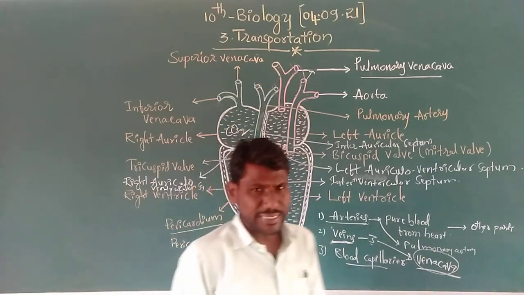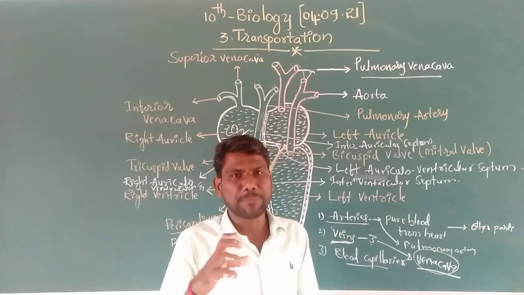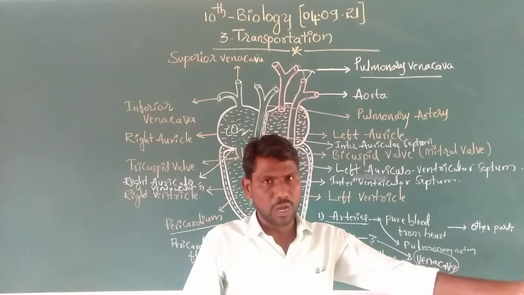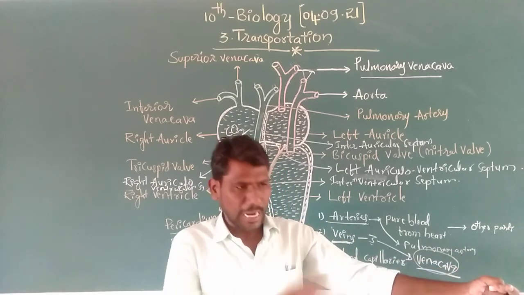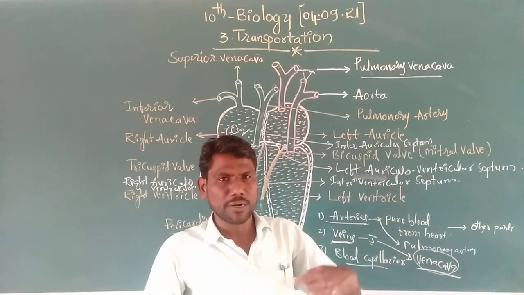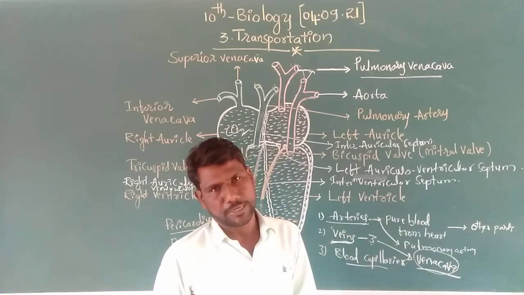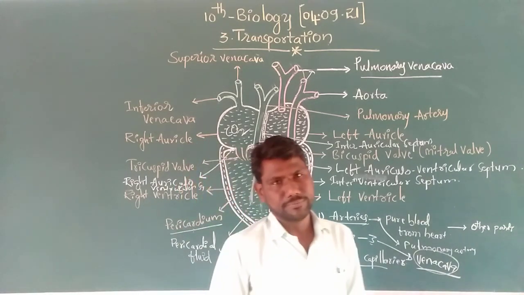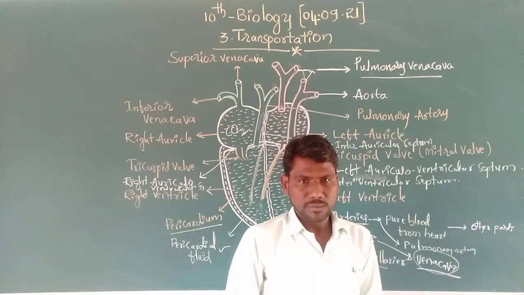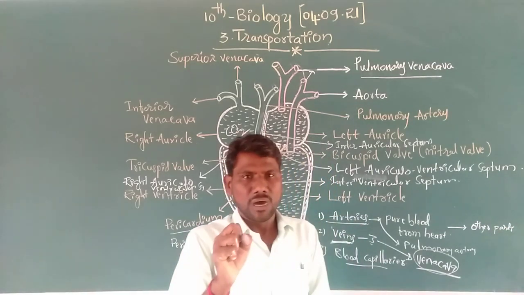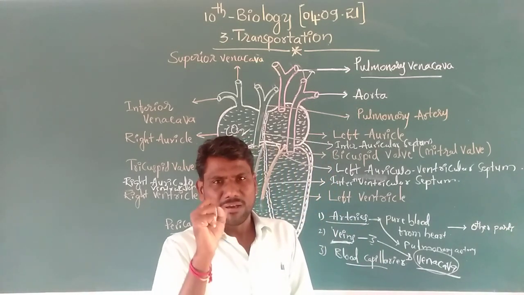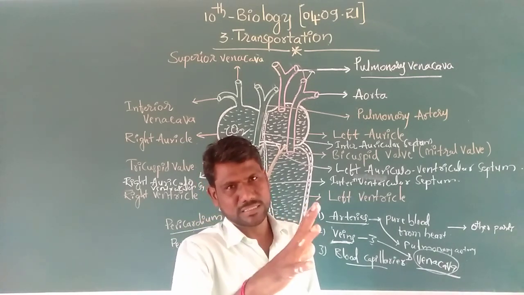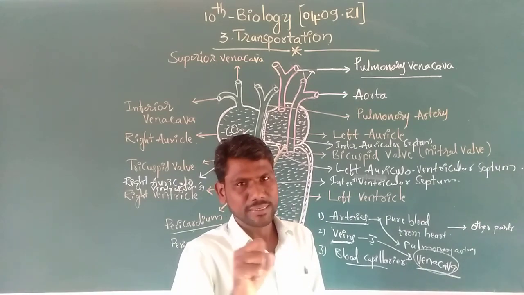Next, the heart pumps the blood and collects the blood. It pumps the blood to all our body parts and collects the impure blood from the various parts of the body. When it pumps the blood, the heart makes a contraction and relaxation.